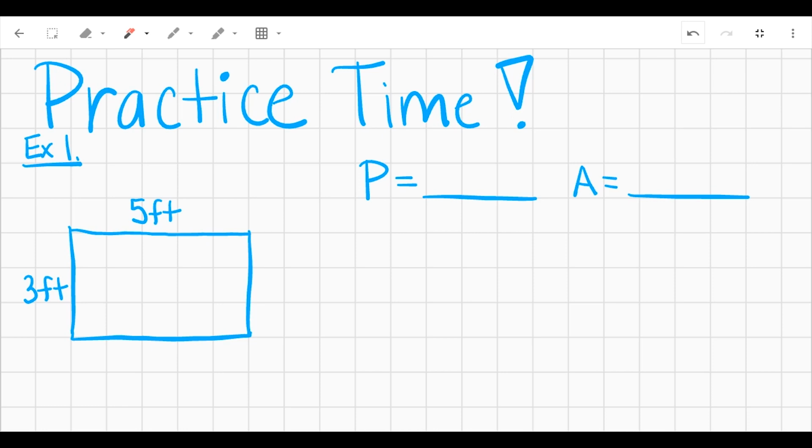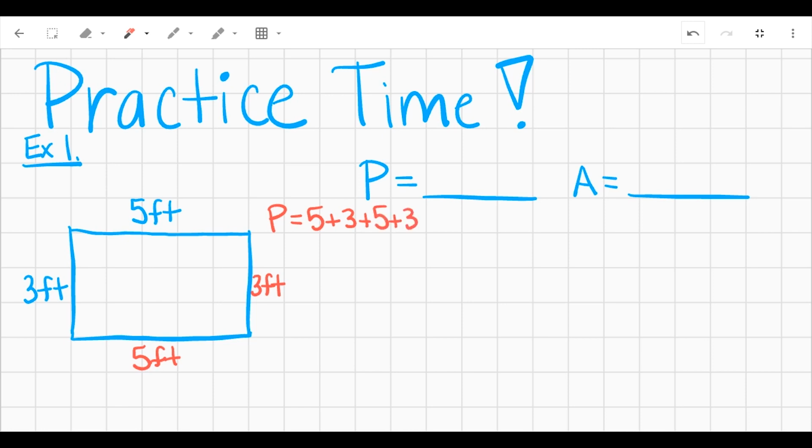So if I'm finding my perimeter, I'm going to do my side plus side plus side plus side. And in this case, I'm going to have 5 plus 3 are the two sides we know. And because, again, we know our rectangles have opposite sides equal, this bottom is 5 feet and our other side is 3 feet. So we're going to have 5 plus 3 plus 5 plus 3.